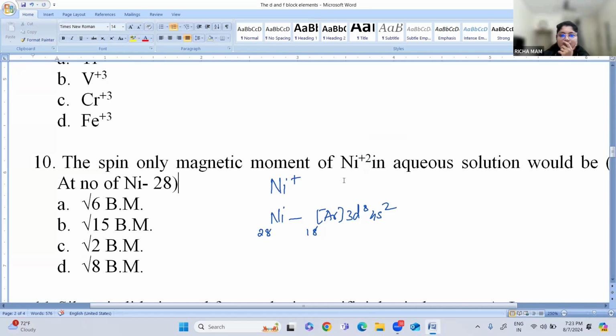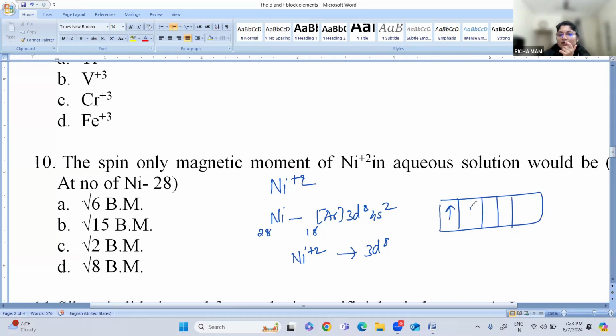So what will happen to nickel plus 2 now? Nickel plus 2 will be 3d8. Write the electrons: 1, 2, 3, 4, 5, 6, 7, and 8. So the number of unpaired electrons is 2.